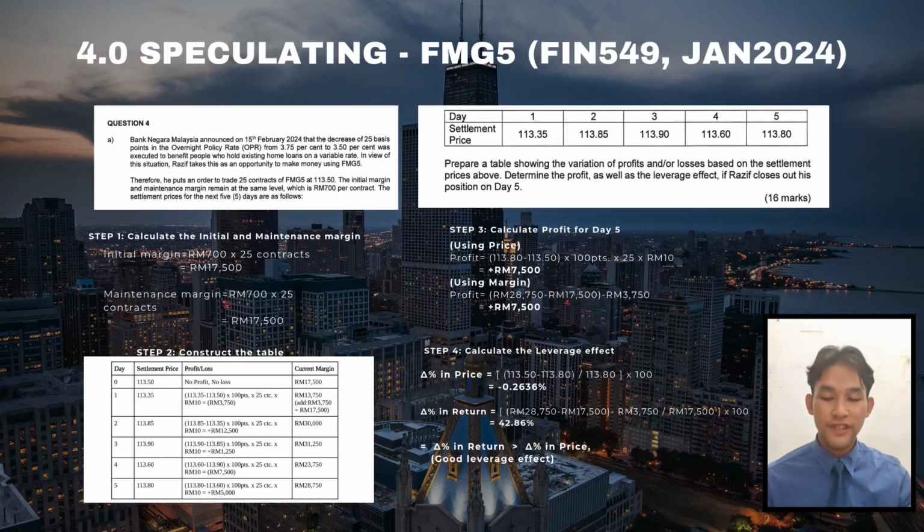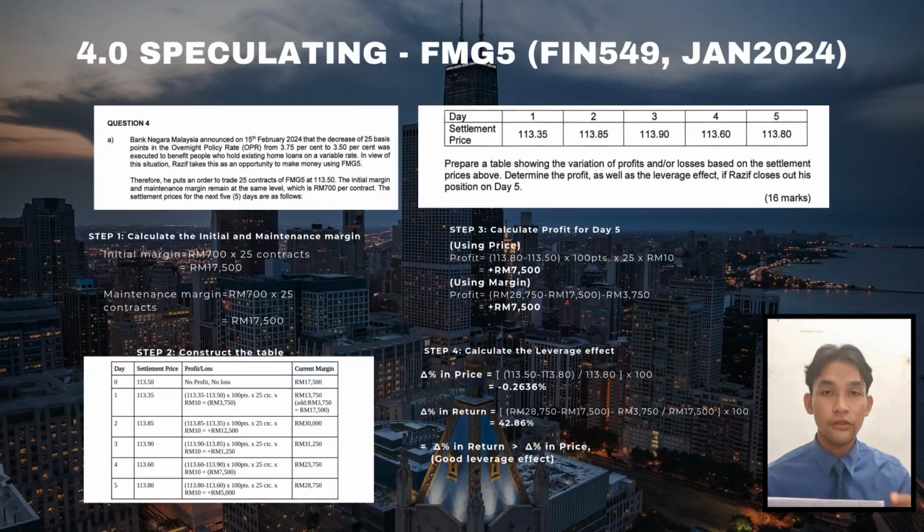For the margin, we do the same, but we use the margin: the last day margin minus the first day margin, and also minus the additional fund that we used to maintain the margin, which is 3,750 ringgit. So the final answer is the same as when we calculate using price, which is 7,500 ringgit.